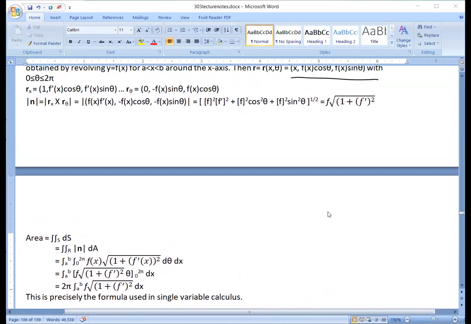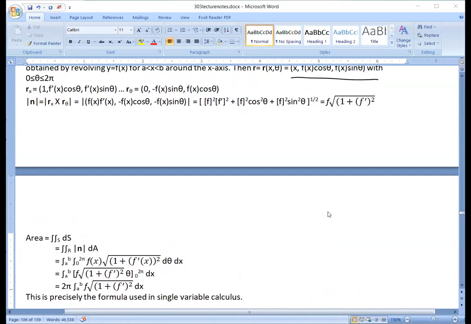So let me just say that so far we've looked at a bunch of different calculations for how we would do a scalar surface integral. We looked at it in general if the surface is described by a parametric formula.